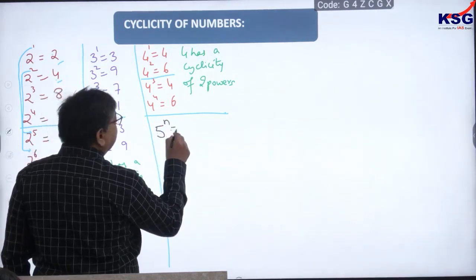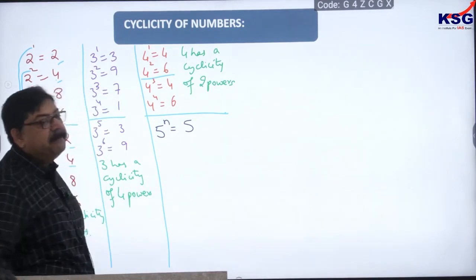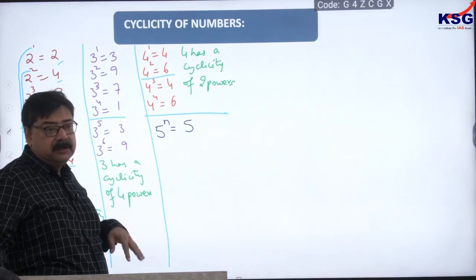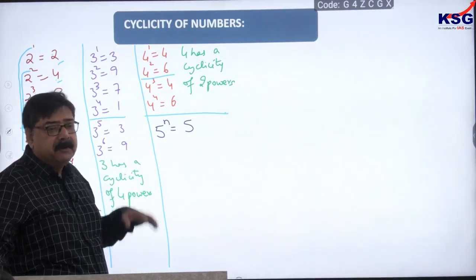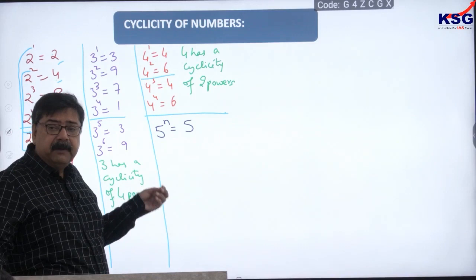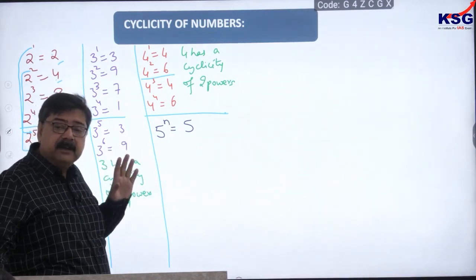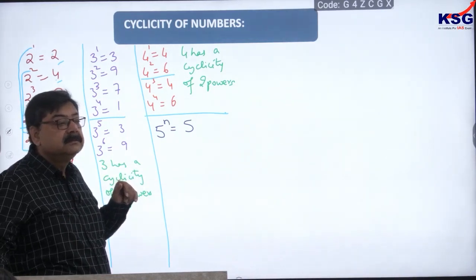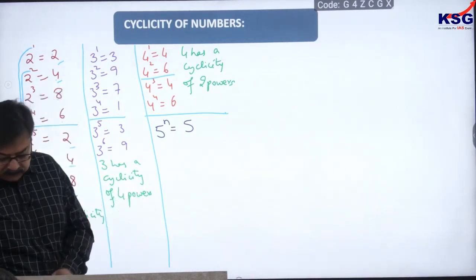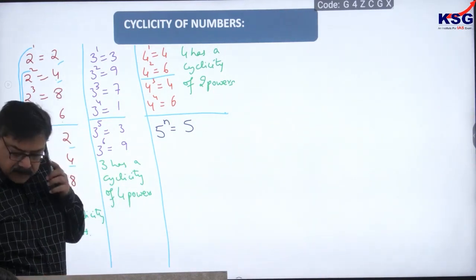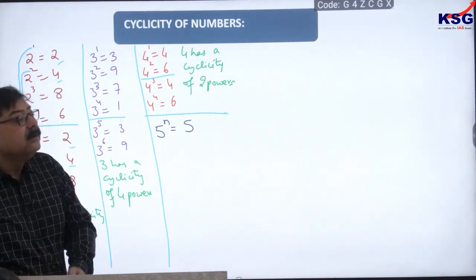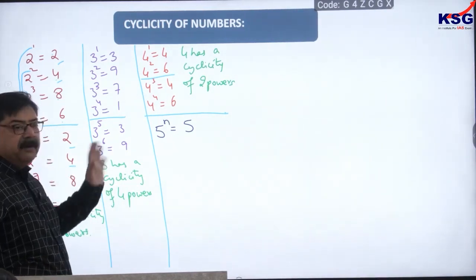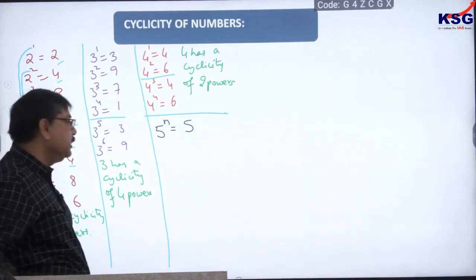See, 5 power n is going to give you 5. 5 power 1 is 5, 5 power 2 is 25, 5 power 3 is 125, 5 power 4 is 625. 5 to the power of anything is going to give you 5 in the units place.